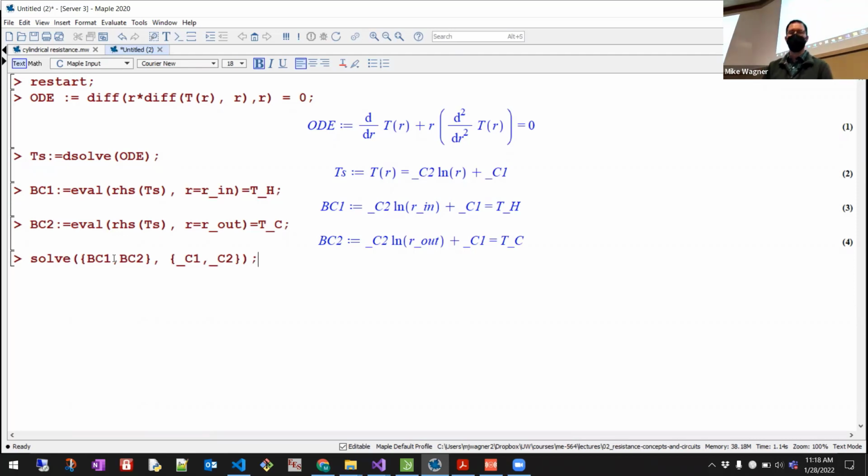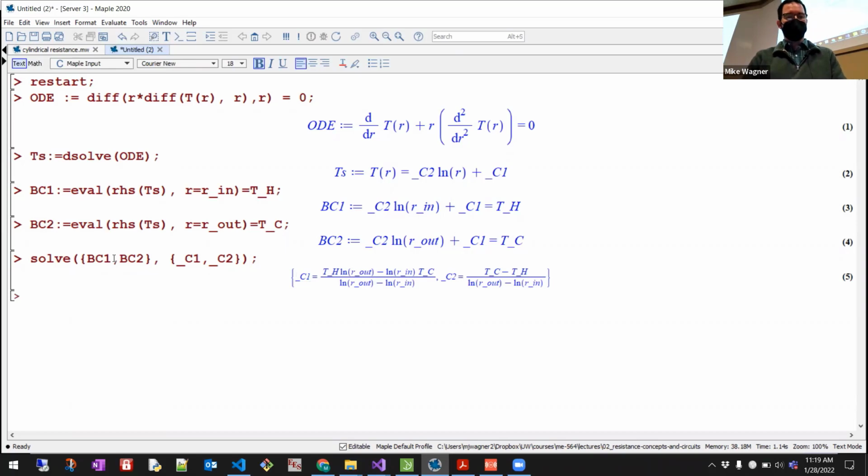You could use this equivalently without solving for multiple at once. Like if you just wanted to solve BC1 in terms of C1, you could just use solve for that. But this way we're solving both together. So you do that and you end up with a solution in terms of C1 and C2, very explicitly solved for there.